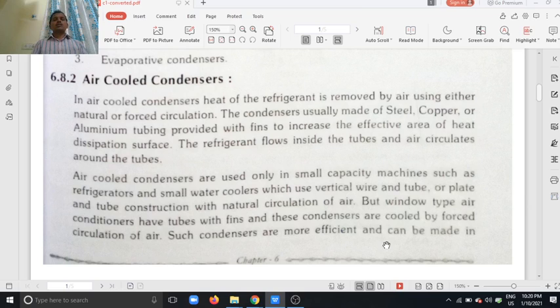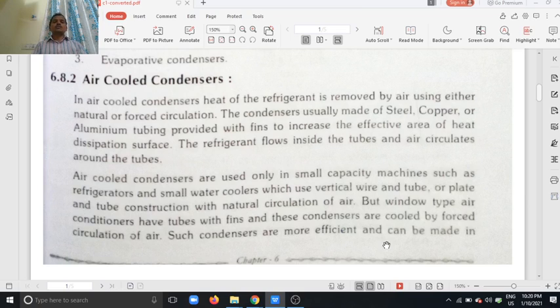Again, these may use natural circulation of air or forced circulation of air. Natural means without any external device to flow the air. In forced circulation, we use a fan to circulate the air.